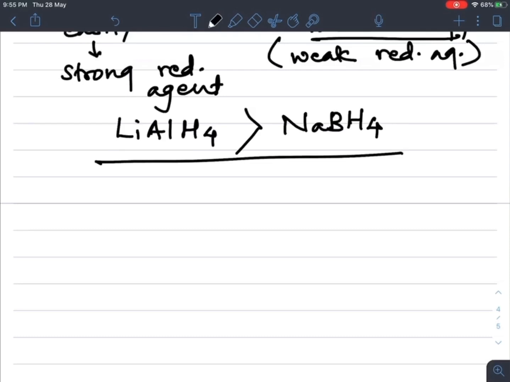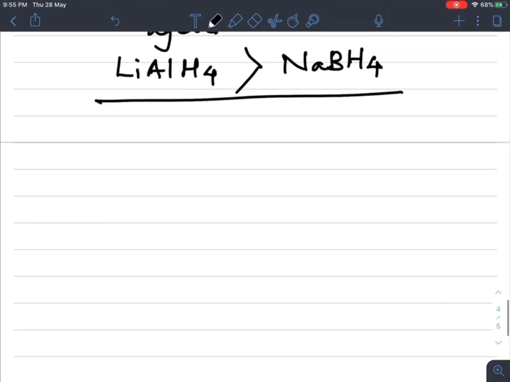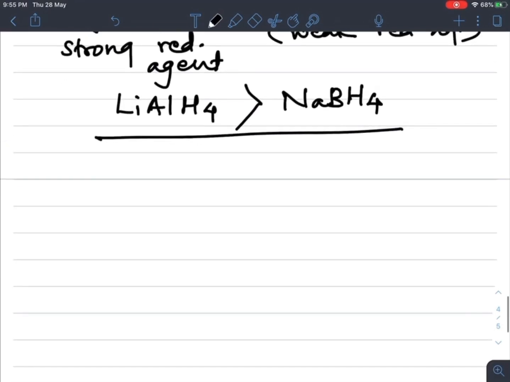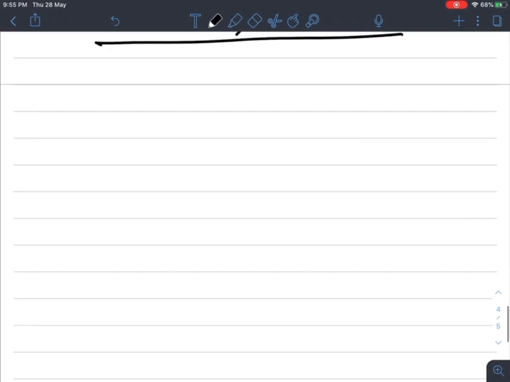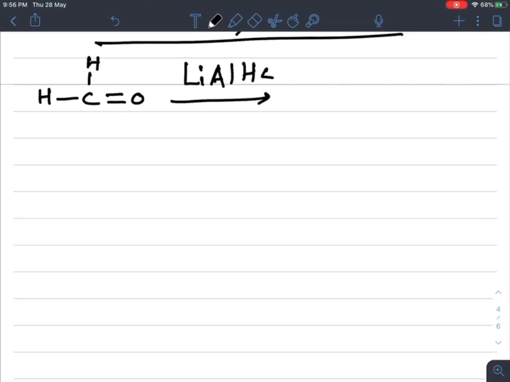Now what happens? See the reaction. If we take the example of formaldehyde, HCHO, when it undergoes reaction with LiAlH4 or NaBH4, any one of them used as a reducing agent, what does it supply?